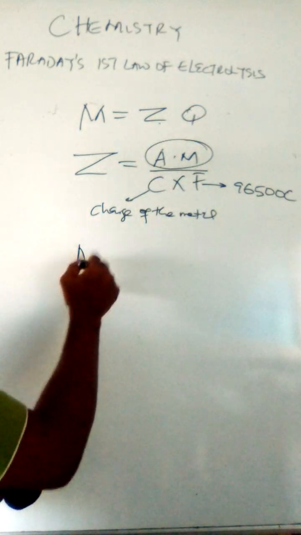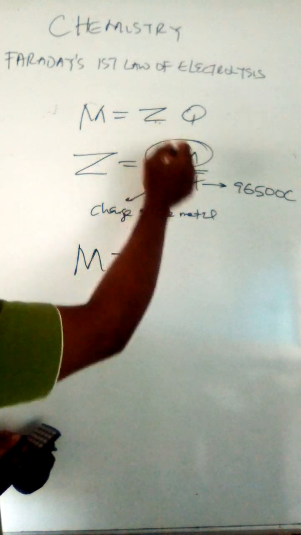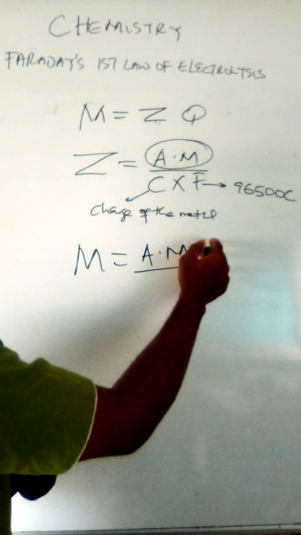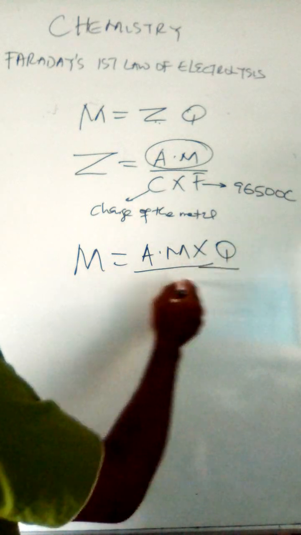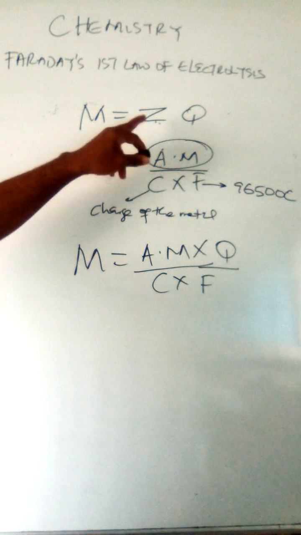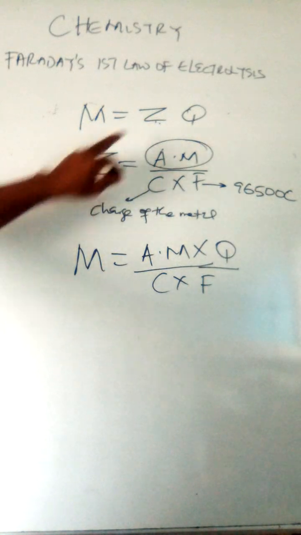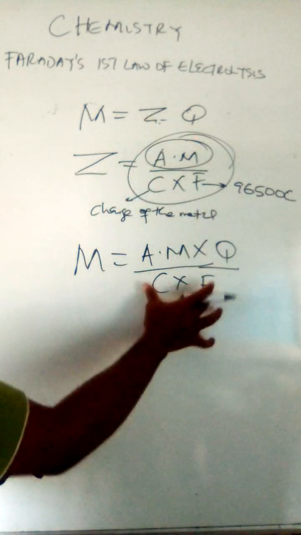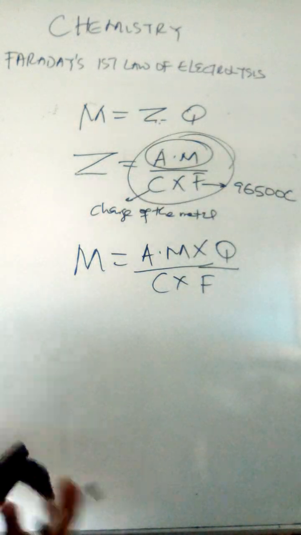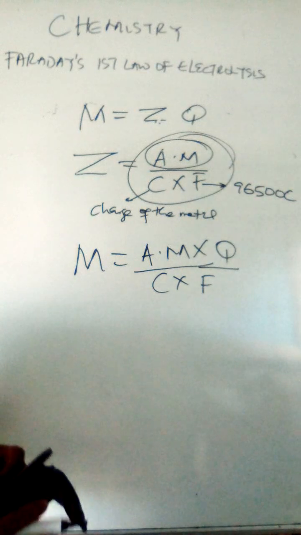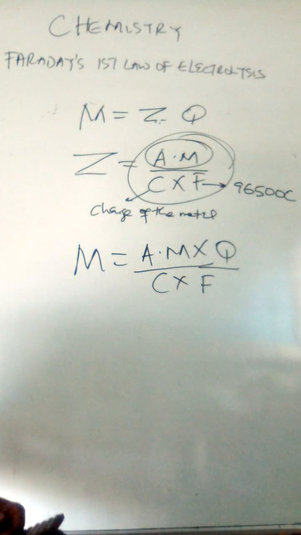We now have M, replacing Z with this, AM over C times F, times Q. If I substitute the value of Z here with this expression, I will have this equation. So with this equation, we can tackle problems on Faraday's first law without writing a chemical equation.